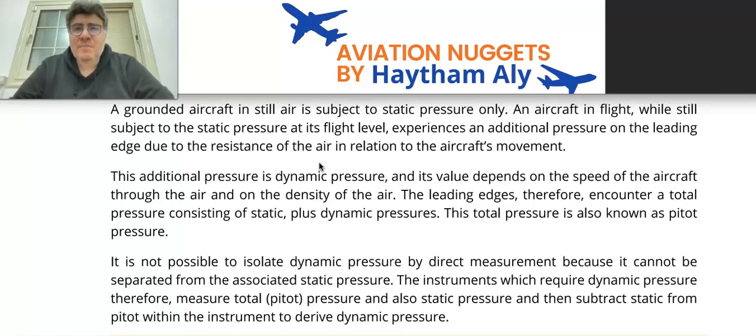What is pitot? Pitot is total pressure. Static is static pressure. Total minus static is dynamic pressure, and from the dynamic pressure we have the air data. We cannot calculate the dynamic pressure without calculating the static and the total.